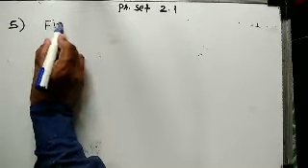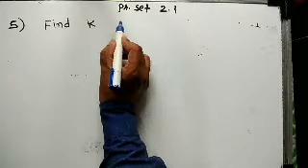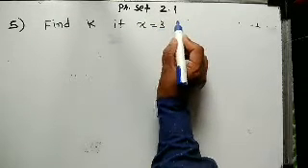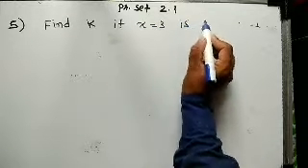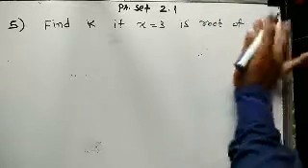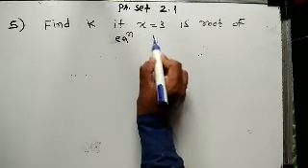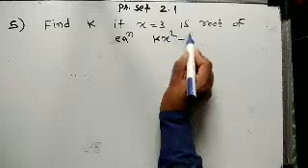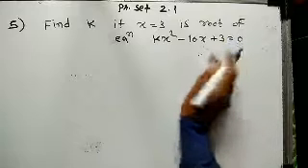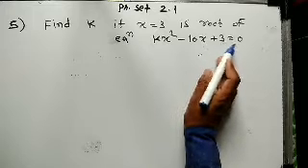Find k if x is equal to 3 is a root of the equation kx square minus 10x plus 3 is equal to 0.